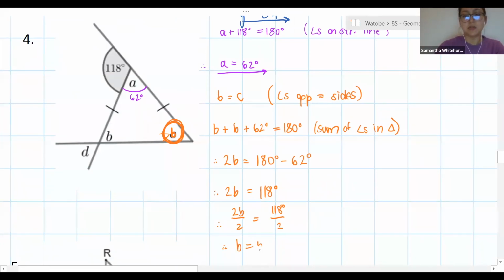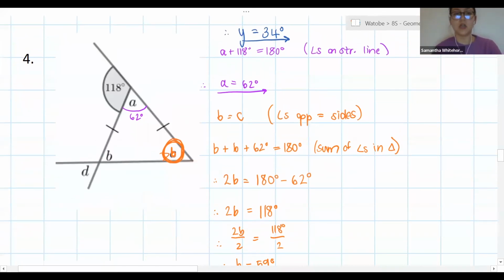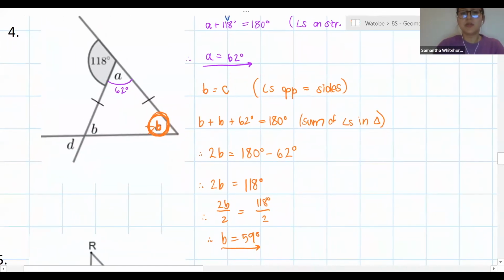So b is equal to 59 degrees. And because we know that b is 59, we also know that c is 59, because we said right at the start that those two are equal to each other.